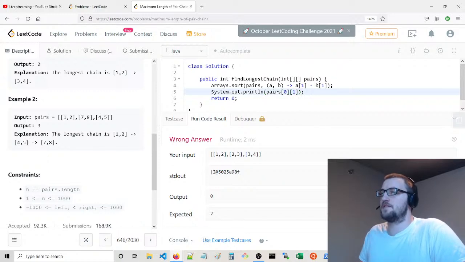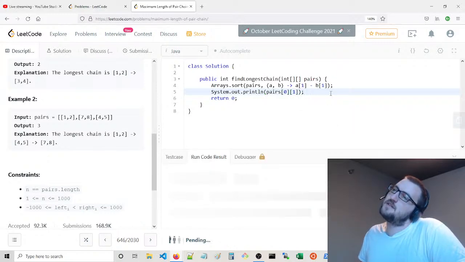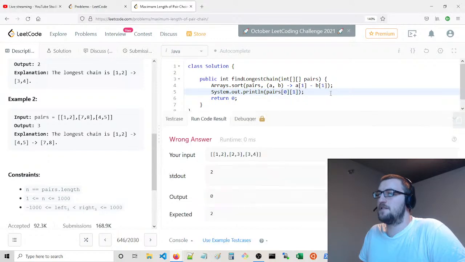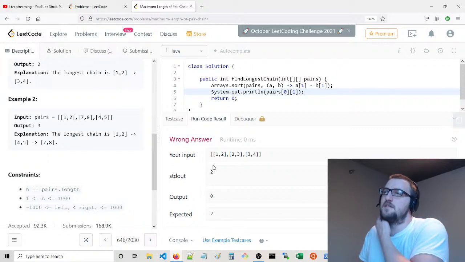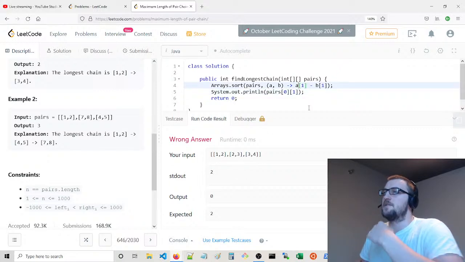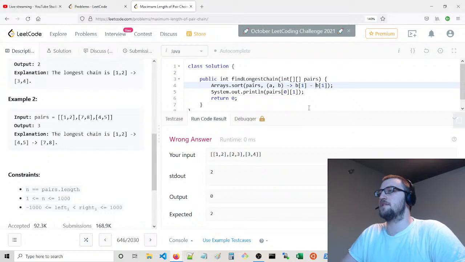Interesting. So output 0. Okay, what? Oh, standard out 2. Yeah, okay. If we did it the other way around, we would get 4 here, I think.